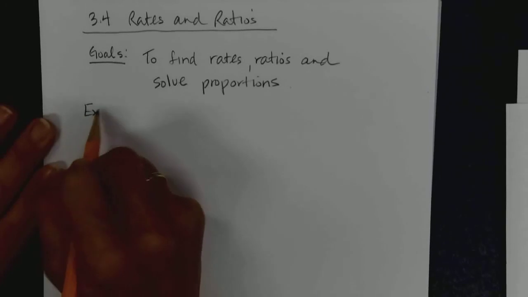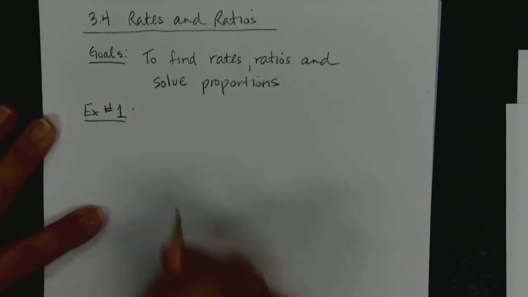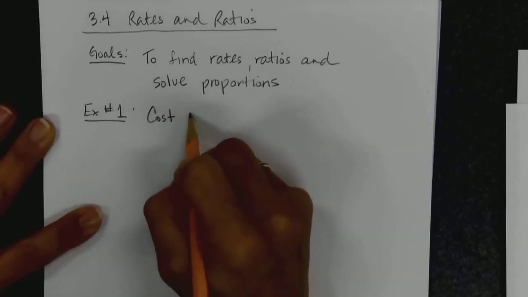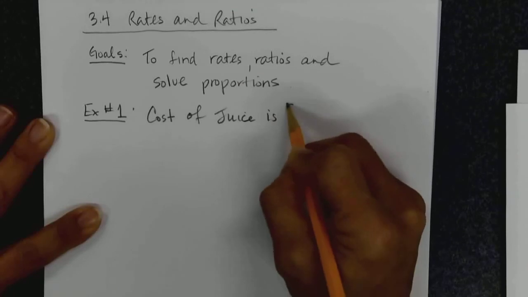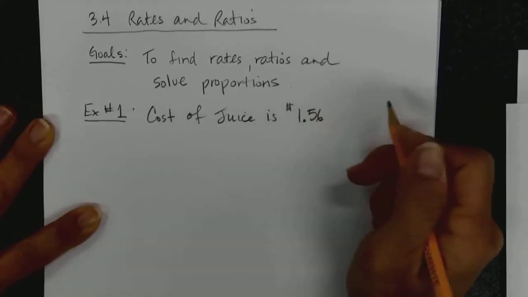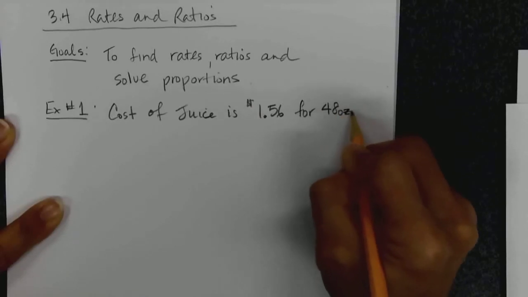Those are your goals today. So here's example number 1. The cost of juice is $1.56 for 48 ounces.